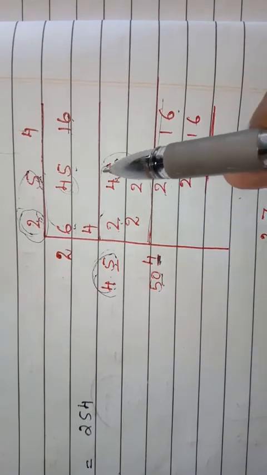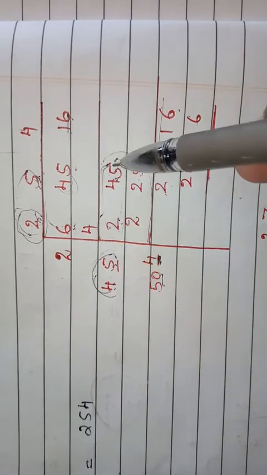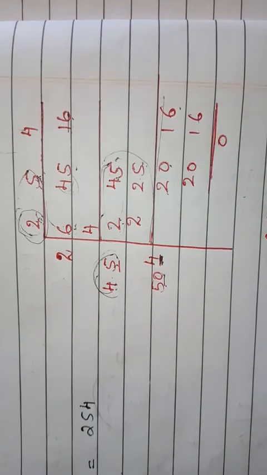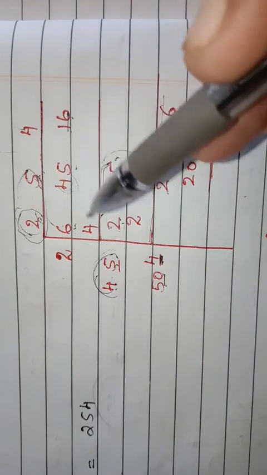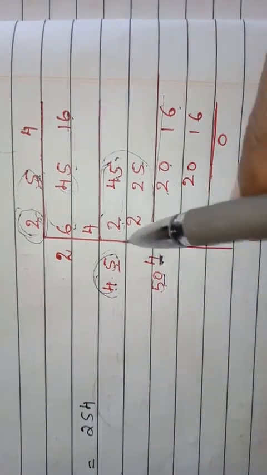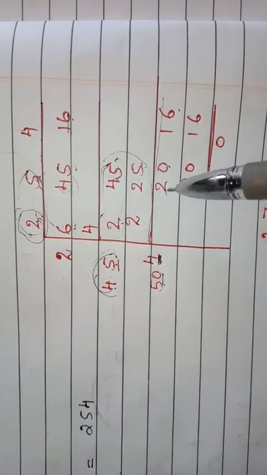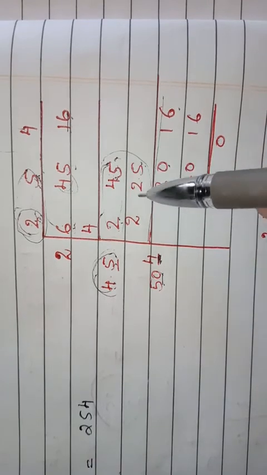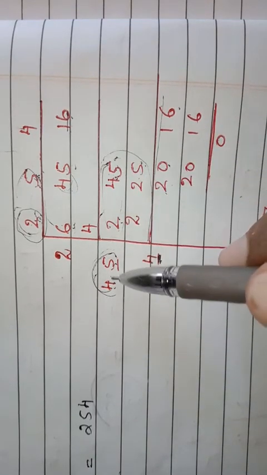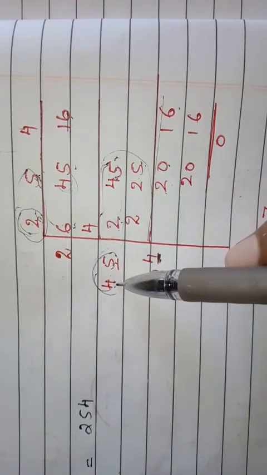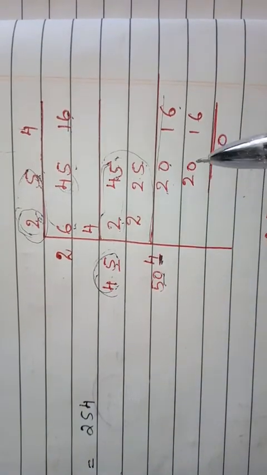This becomes the new dividend. So 245 will become the new dividend, and then we continue the long division as we did earlier. To find the new divisor we take double of this quotient 4, then we continue.